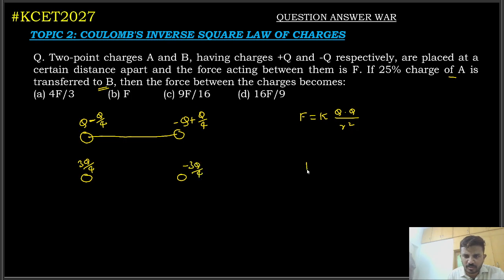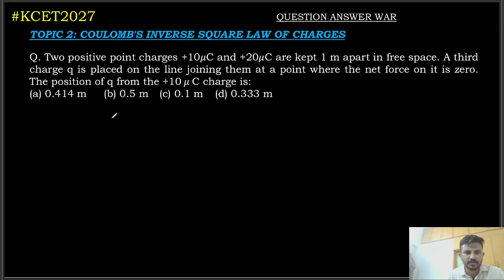This will be the new force. That new force is directly proportional to 3Q by 4 into 3Q by 4. That is equal to 3 nines are 9 divided by 4 fours are 16 times the old force. So 9 by 16, that is option C is correct. Clear?